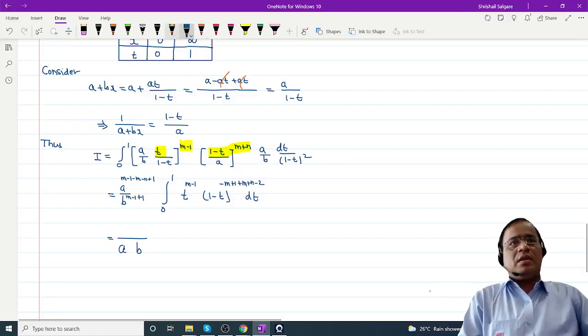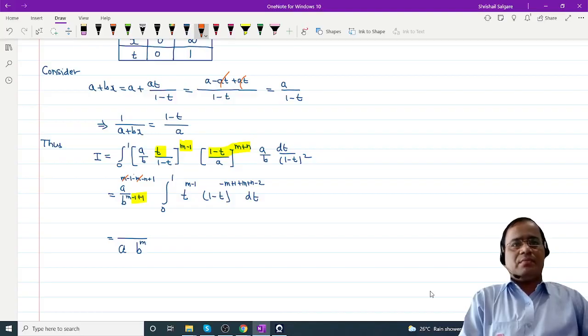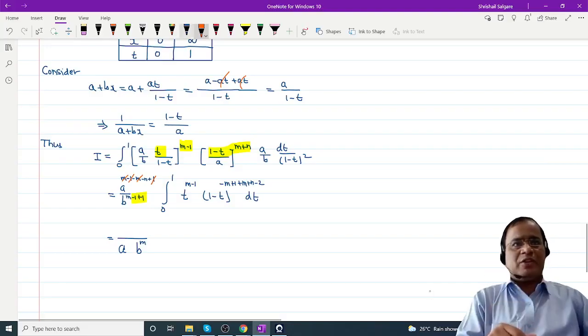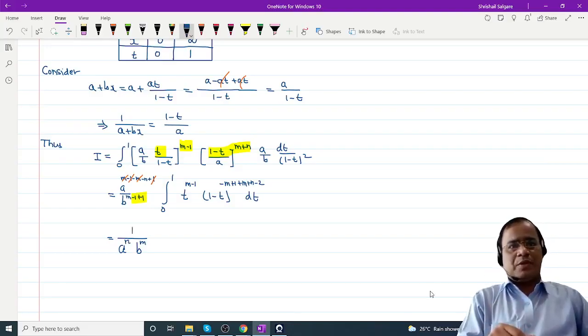So here for b, raised to plus 1 minus m get cancelled, it is b raised to m. And for a, minus m plus m minus 1 plus 1 get cancelled. And that a term I am writing in the numerator. But in the next step, I am writing in the denominator, and in the first step, it is a negative power. And when I write in the denominator, it comes as a positive power. Okay. And the remaining is integral 0 to 1.